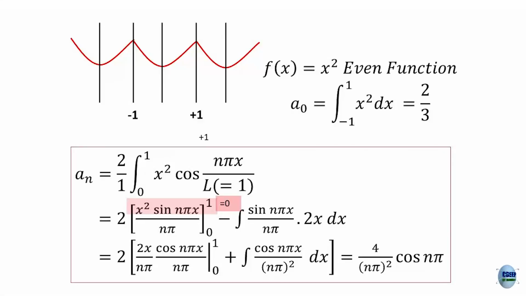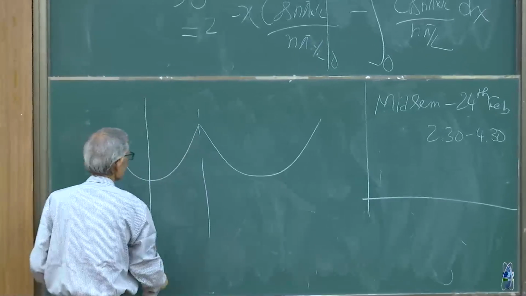All right. So we'll take one more example, which is now an even function. And this now has got a discontinuity in the sense that the slope is not continuous. So this is the function that we are talking about.